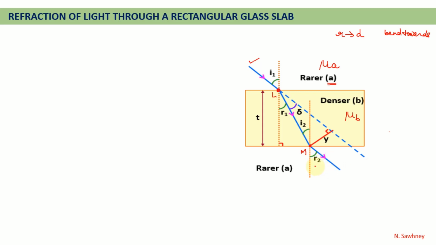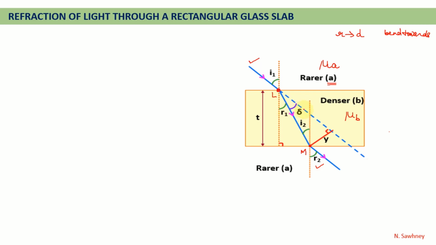Let the angle of refraction here be R2 and the angle of incidence with which the bent ray is striking the parallel side with the normal be I2. Let delta be the angle of deviation which the first ray after refraction is making.